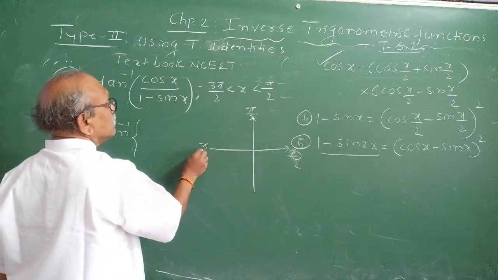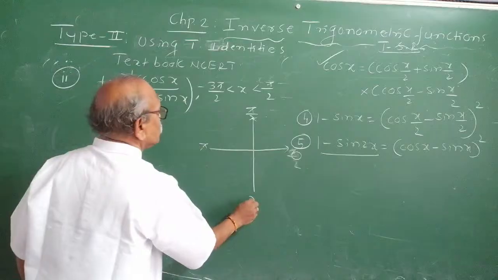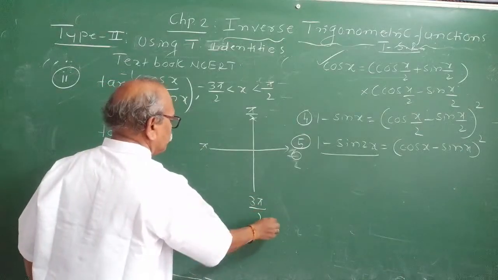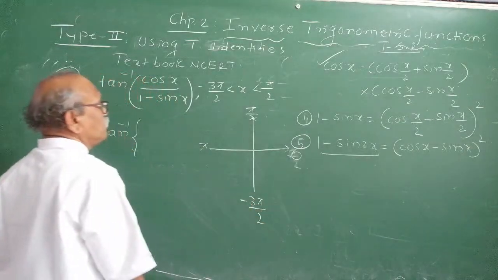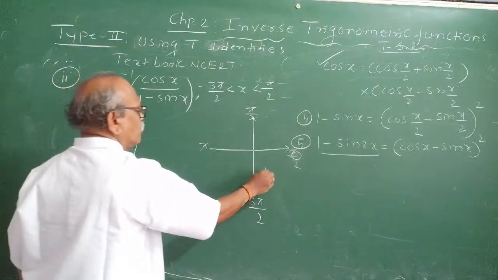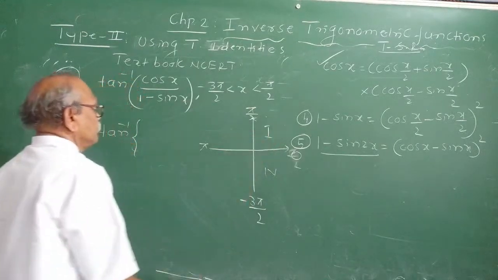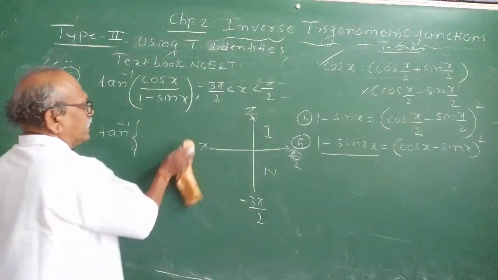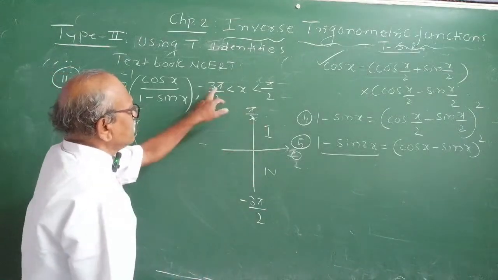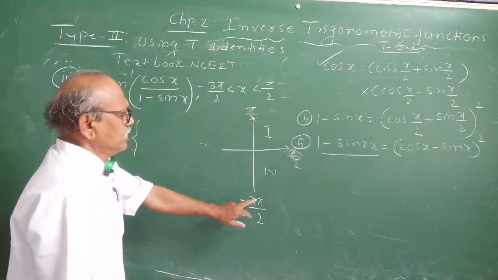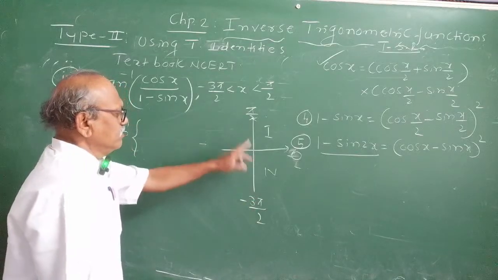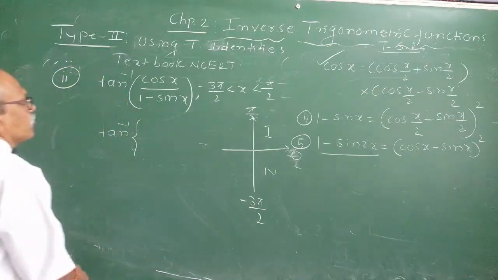This is pi. This is 3 pi by 2. Minus 3 pi by 2 to pi by 2 means fourth quadrant and first quadrant. You have to identify where x lies. Minus 3 pi by 2 to pi by 2.